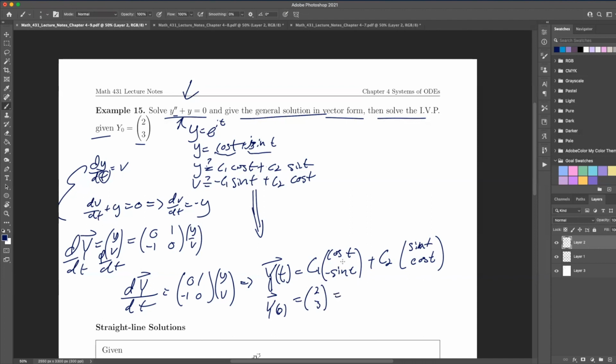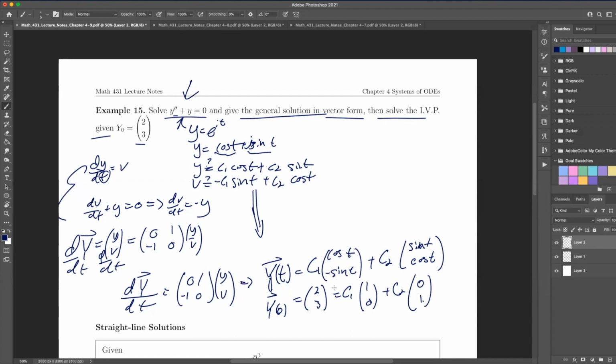Which is equal to, well, if t is 0, what does this end up being? C1, what's this vector? 1, 0, right? What's this vector? 0, 1. So it's C1? Well, it's 2. Oops, I forgot my C2, didn't I? Oops, let's go back. So sine of 0 is 0, cosine of 0 is 1.